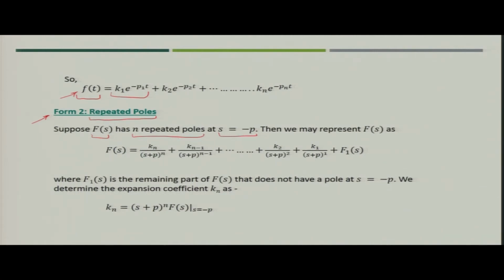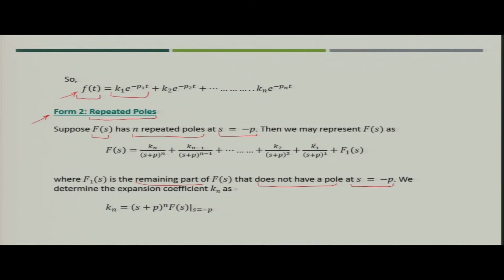Then you can write F(s) as Kn upon (s plus p) to the power n, plus Kn minus 1 upon (s plus p) to the power n minus 1, and so on. The last term, F1(s), is the remaining part of F(s) which does not have a pole at s equal to minus p. So, this is the remainder of the Laplace transform which is not represented in this particular form.